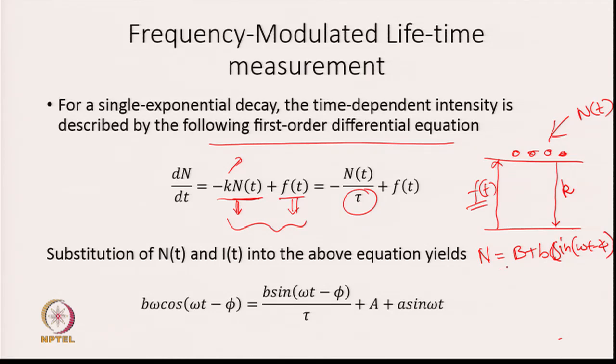So, dN by dt will be equal to b omega cos omega t minus phi. And now, minus k Nt, Nt is here, I have missed this. So, minus b plus b sin omega t minus phi by tau plus Ft is equal to a plus a sin omega t.